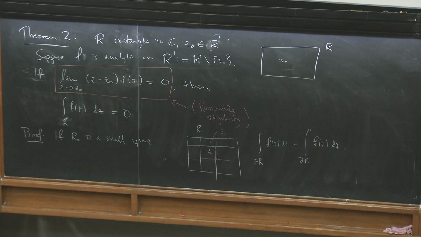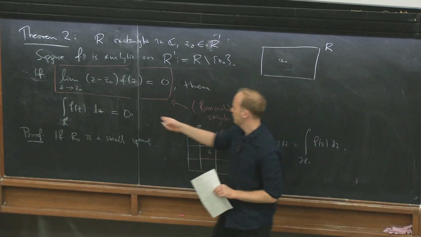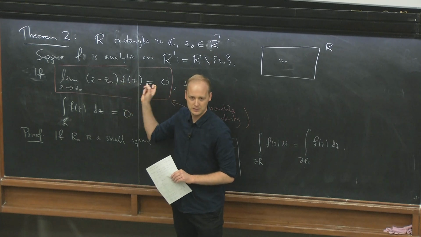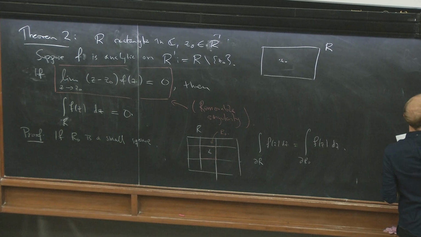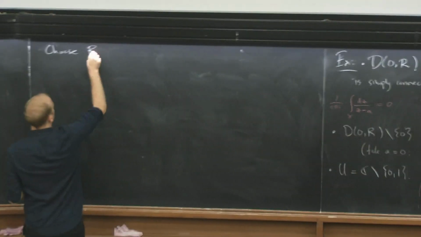And now, the point is that I want to choose R0 simply small enough. So now I want to use this hypothesis, right? So I know that the limit of this times f of z is 0. So how can I use it? I use it in the following way.